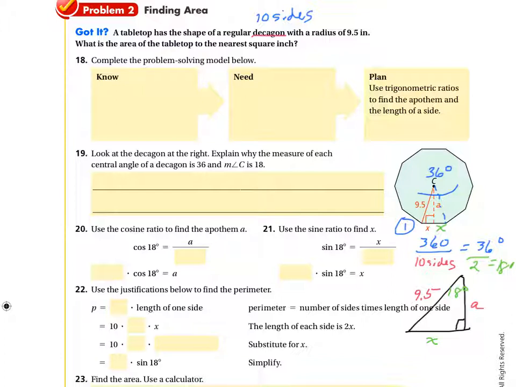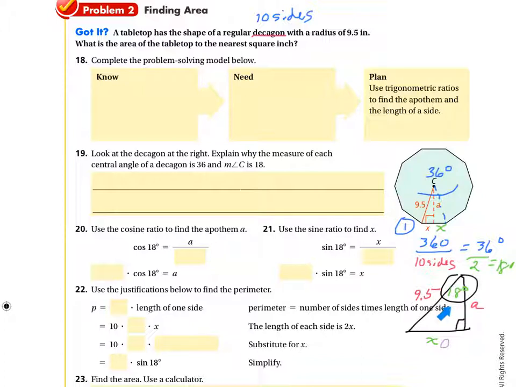This is our angle of reference right here. So according to the angle of reference, the x is side opposite, adjacent, or hypotenuse? Opposite. So this one's opposite. And then I don't want to use the a right now, right?